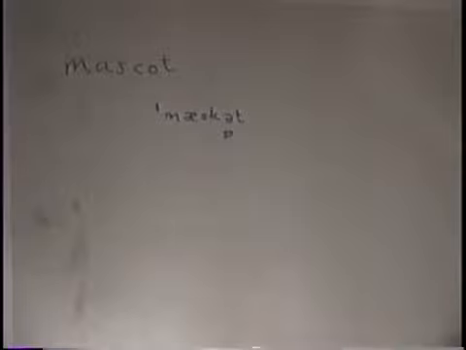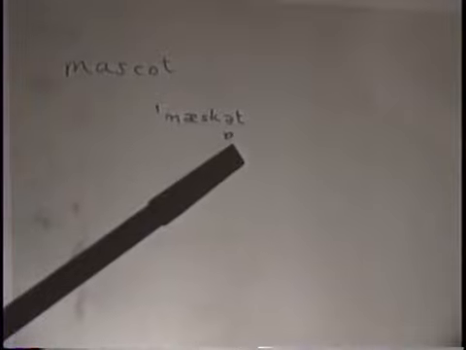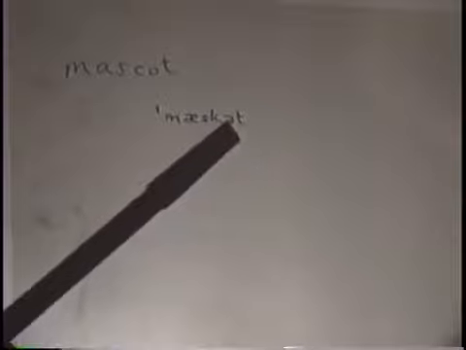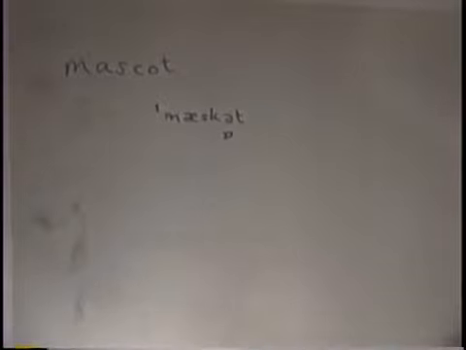So, for example, if we take the word spelt like this, I call this a mascot, but there are people who call it a mascot. Now, this is spelling pronunciation, the influence of the spelling, but either way around, it ends up that you can have a strong mascot or a weak mascot. Again, it's an alternation between a strong vowel and the corresponding weak vowel.